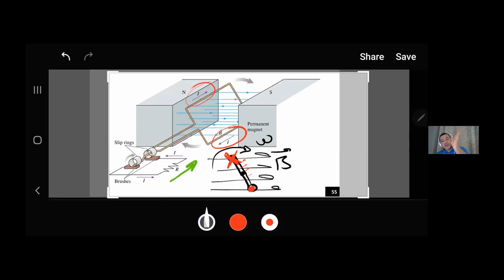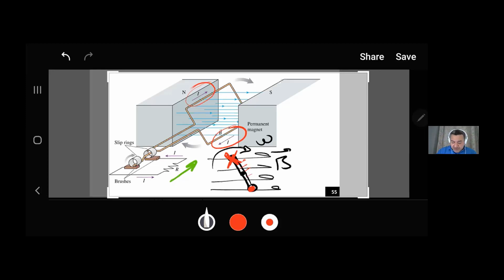And the more I turn, the greater those components become, right? Is that clear? Because I'm taking the dot product. The dot product means I'm only interested in the components of the magnetic field that are perpendicular to my loop.